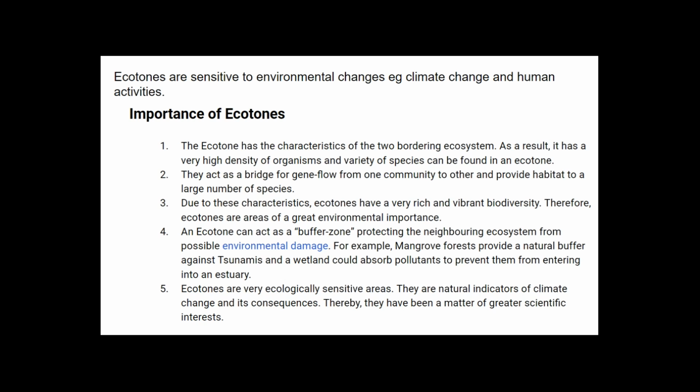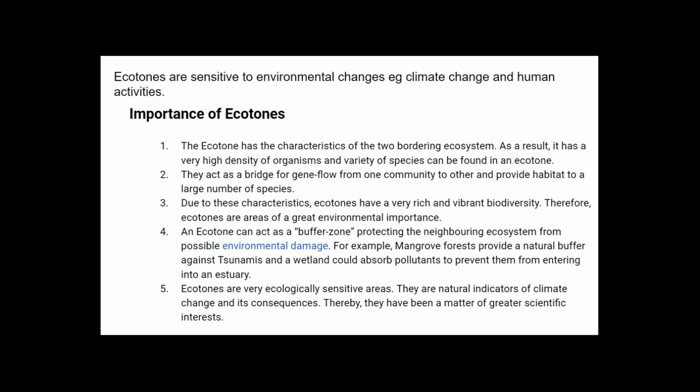And even if you have two different forests separated by grassland, the ecotone can allow movement between the two forests. And due to these characteristics, ecotones have a very rich and vibrant biodiversity. Therefore, ecotones are of great environmental importance.